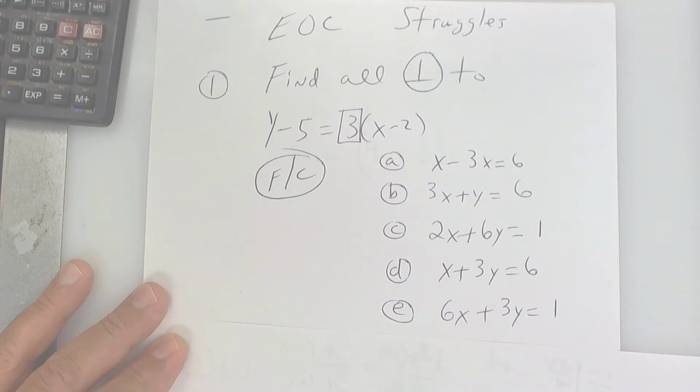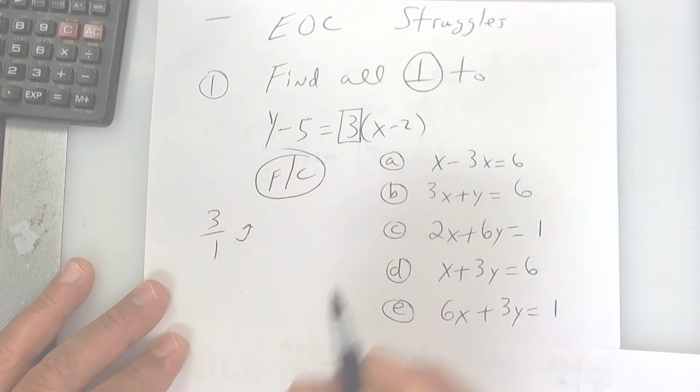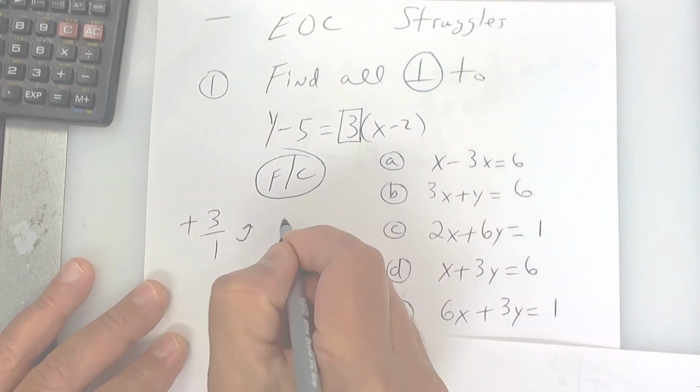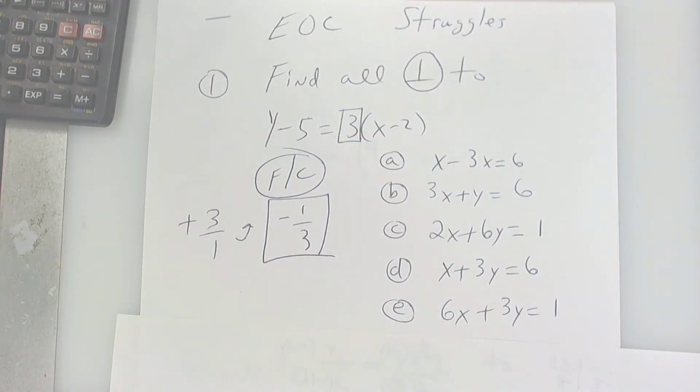Put 3 over 1, flip it, and change it. What would it be if I flip it and change it? You're flipping it, but you're not changing it. It would be a negative 1 over 3. Write that down. You need to know that.